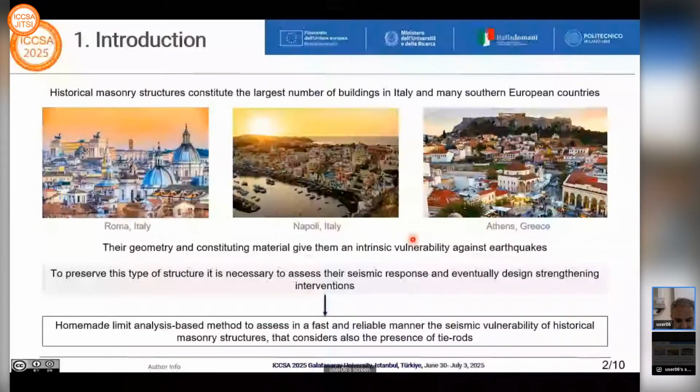Then we have several examples of historical buildings made by masonry that are highly vulnerable to seismic actions, so to horizontal loads. And one of the main straightforward strategies that we have to evaluate the seismic vulnerability of such kind of structures is limit analysis.